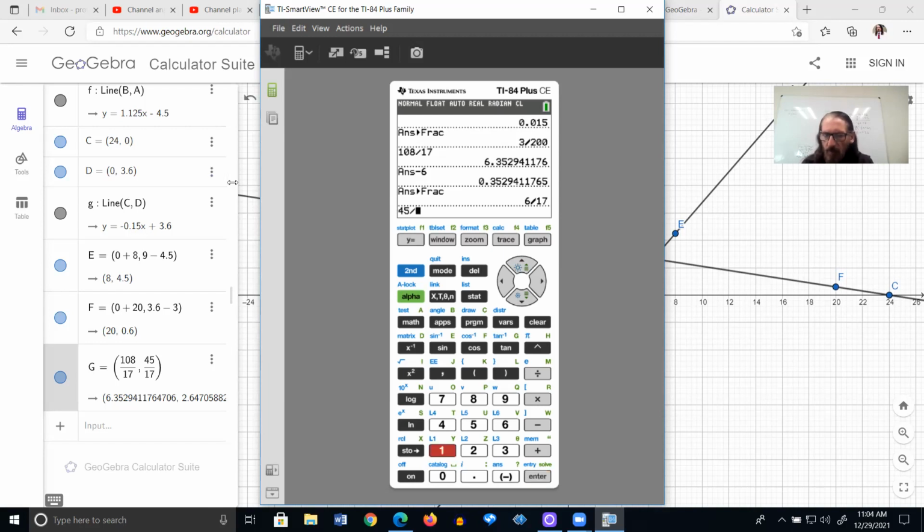For 45/17 then, I'm expecting, just like I see on GeoGebra, a whole number part of 2. Subtract the 2, and then convert the rest back to a fraction. So 2 and 11/17. Next, we're going to take a look at substitution.